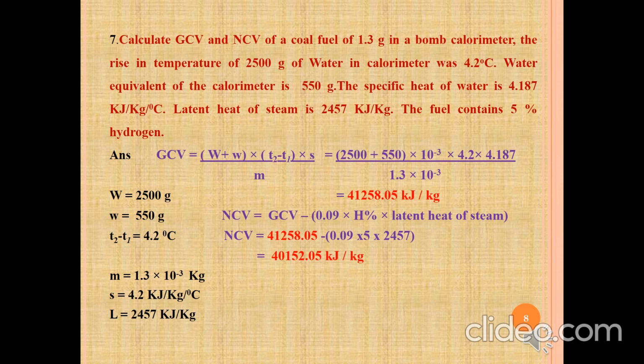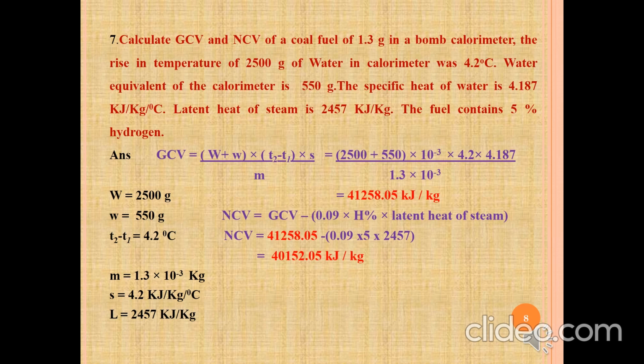Mass of the fuel taken is 1.3 gram. Since it is given in gram, we have to convert into kg: 1.3 into 10 to the power minus 3 kg. Specific heat is equal to 4.2 kilojoules per kg per degree Celsius. Latent heat of steam is 2457 kilojoules per kg.